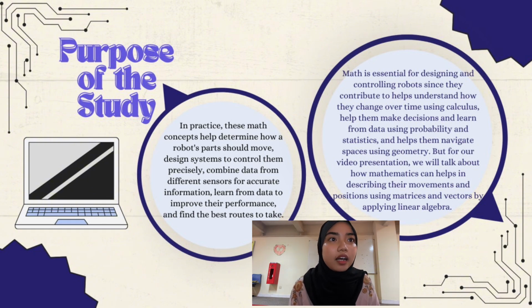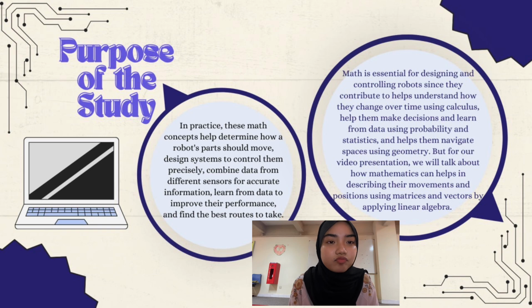Geometry helps them navigate space. But for our video presentation, we will talk about how mathematics can help in describing their movement and position using matrices and vectors by applying linear algebra.